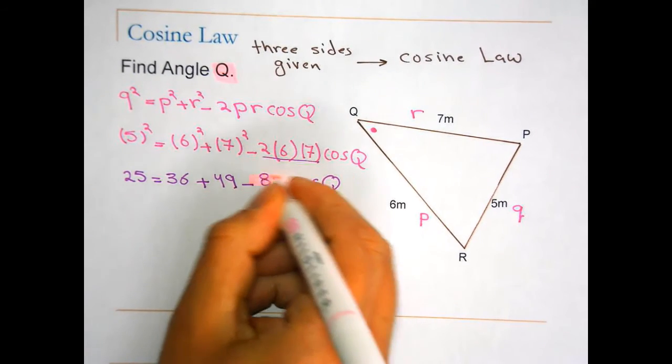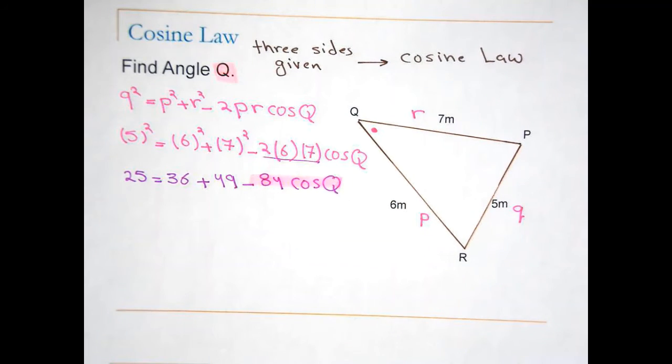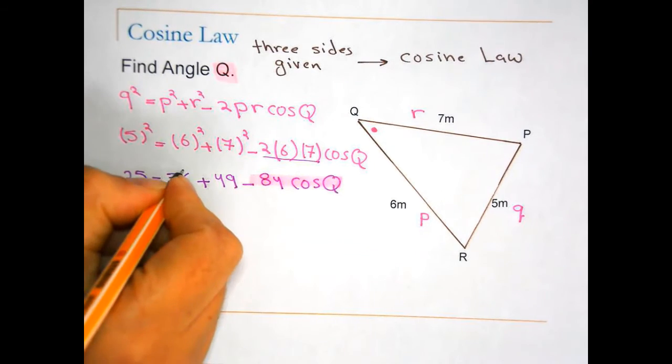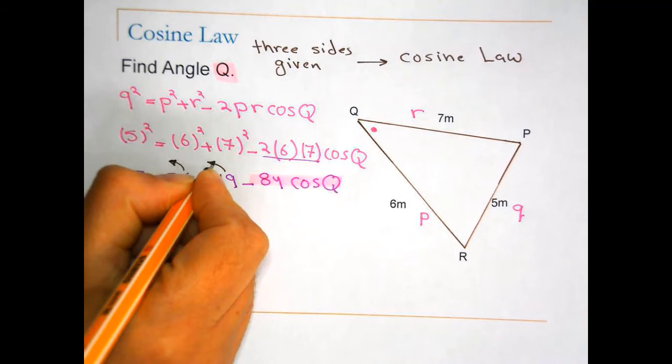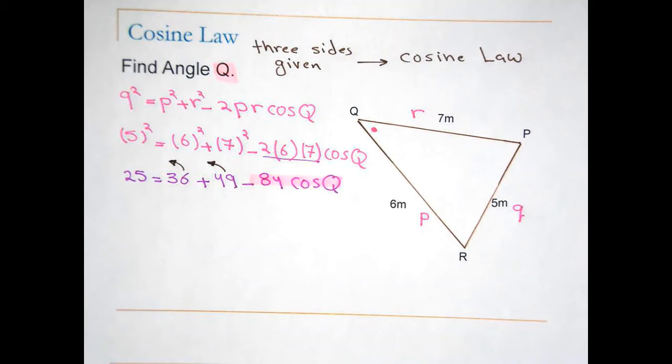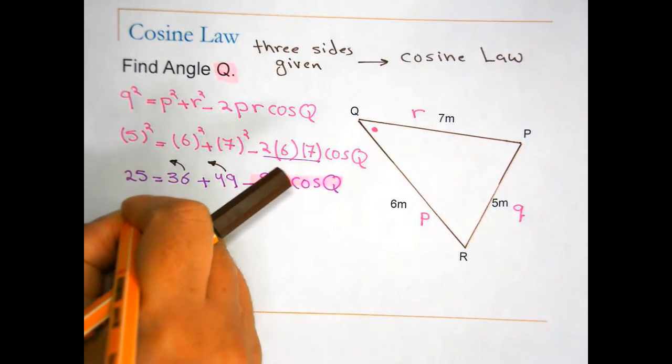Now first we want to isolate this. That means these two need to go to the other side of the equal sign, and as I've told you before, when they go to the other side the sign switches.